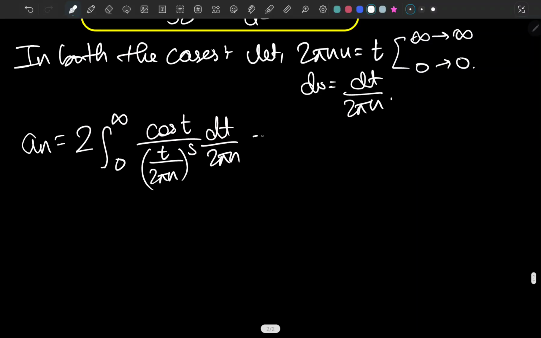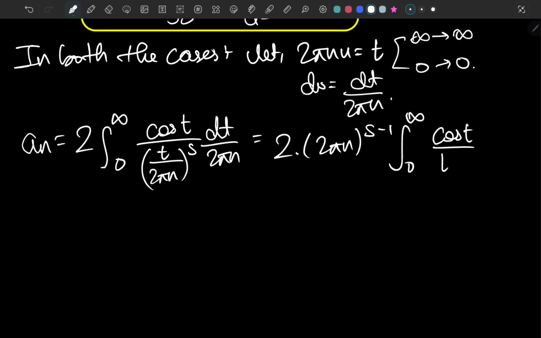So yeah, we can just consider you doing that. And here we can say that's going to give us 2 times 2 pi n to the s minus 1, I think. And integral from 0 to infinity of cosine of t over t to the s dt, right?